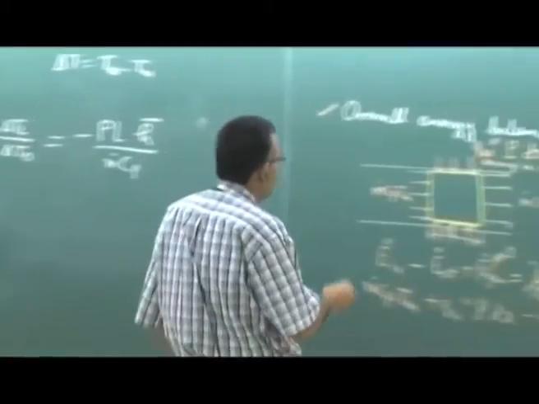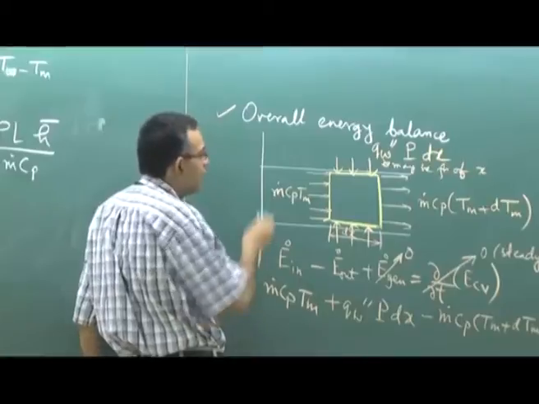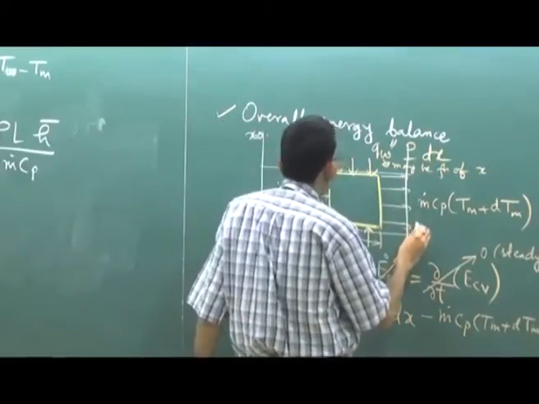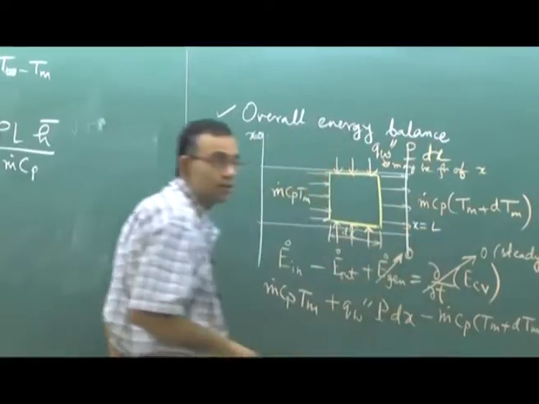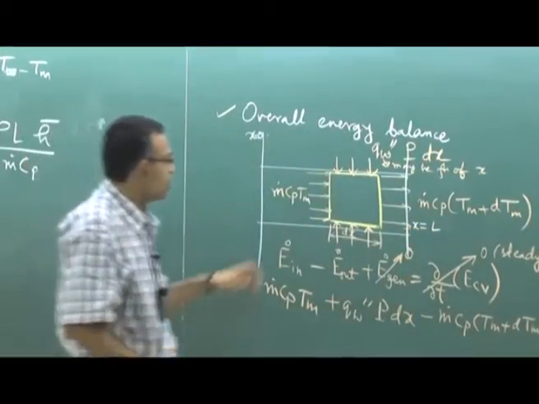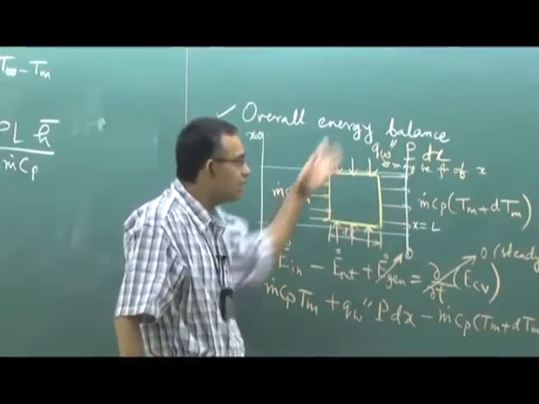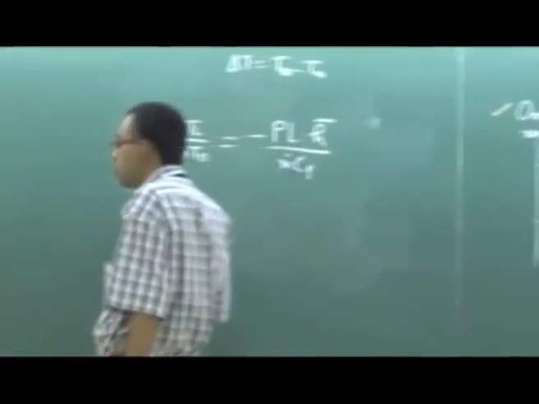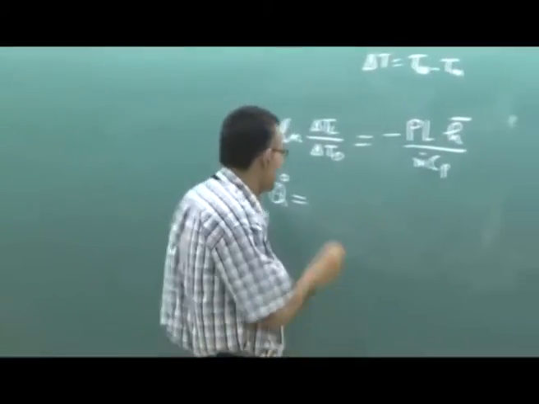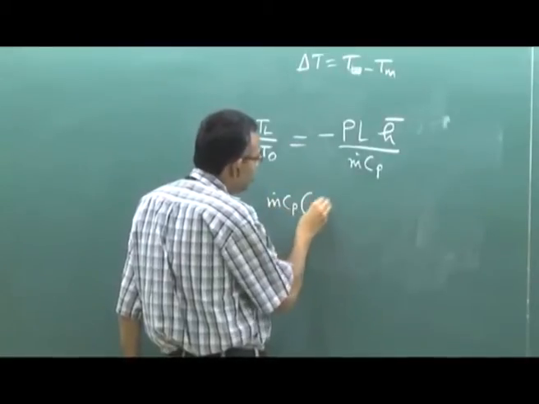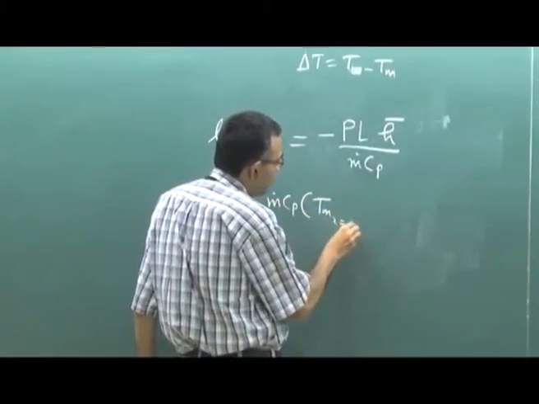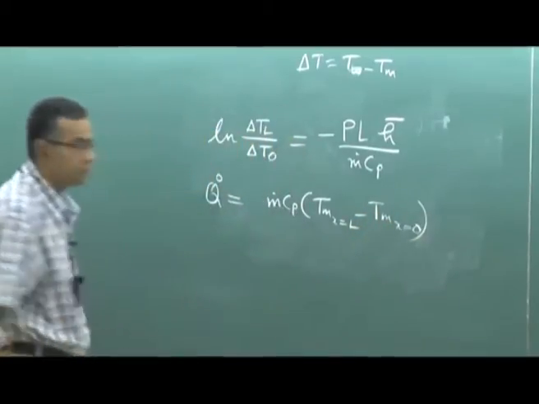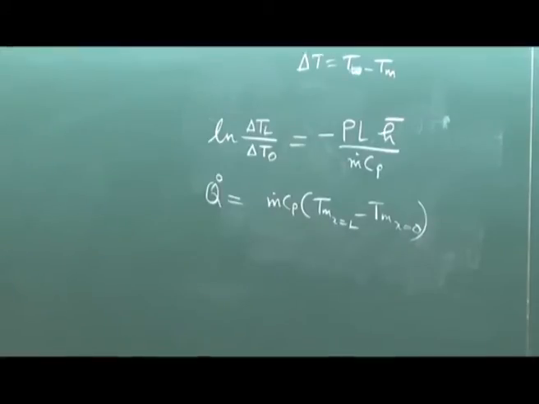So you can measure the thermal energy at the inlet and you can measure the thermal energy at the outlet. So the difference between these two thermal energies is the thermal energy that is supplied from the wall. So you can say Q dot is nothing but m dot Cp into Tm at x equal to L minus Tm at x equal to 0, right.